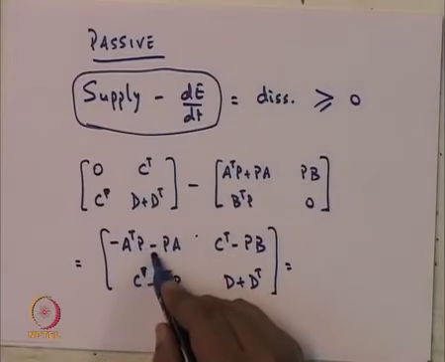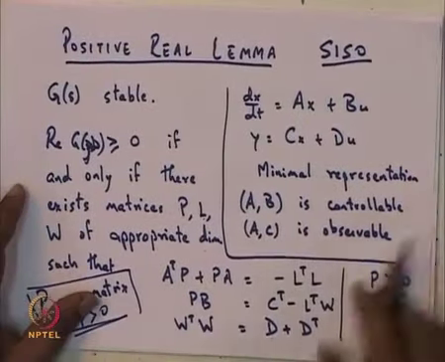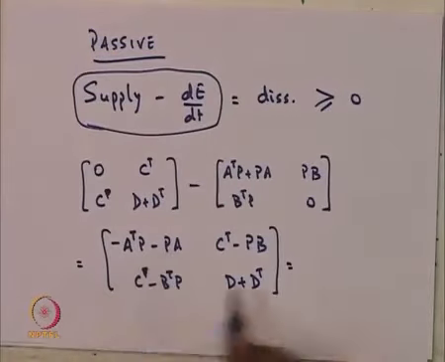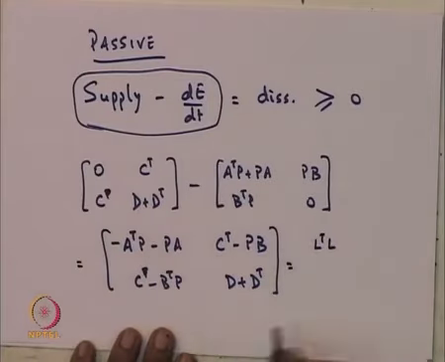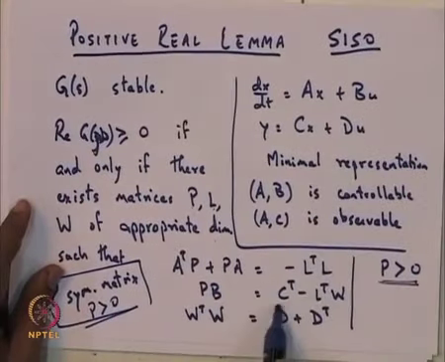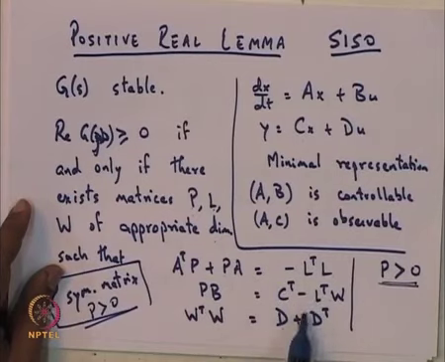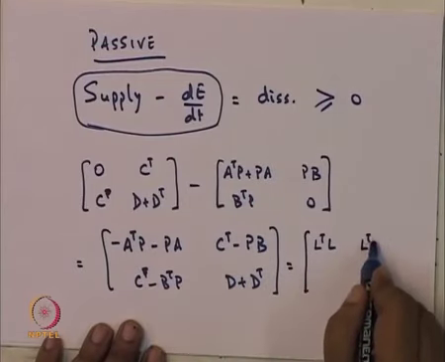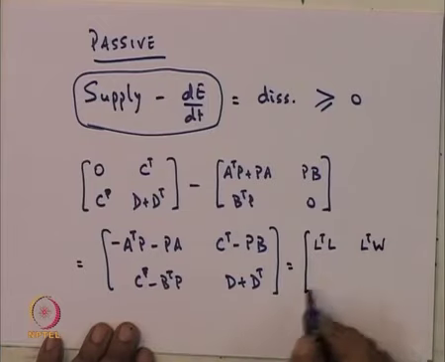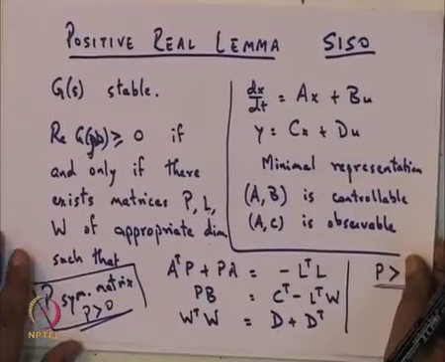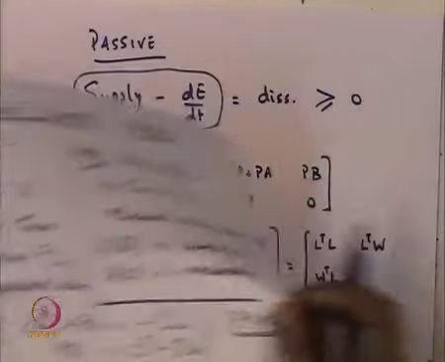You see, minus A transpose P minus P A: in the positive real lemma, A transpose P plus P A is minus L transpose L. So the negative of this is L transpose L. Now, the second equation says C transpose minus P B is L transpose W. So for C transpose minus P B, I could write down L transpose W, and this is just the transpose of that, so this is W transpose L, and the last equation tells us W transpose W is D plus D transpose.